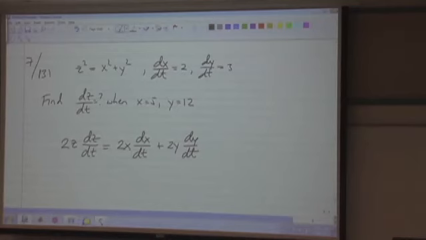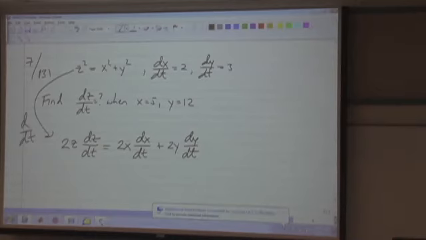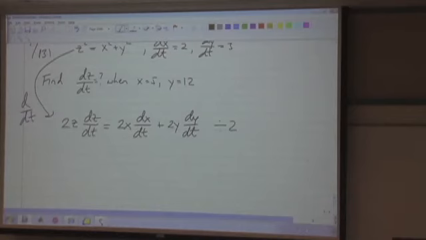Basically, yes. Okay, now notice that I can divide by 2 on both sides. So I won't have any 2's anymore.